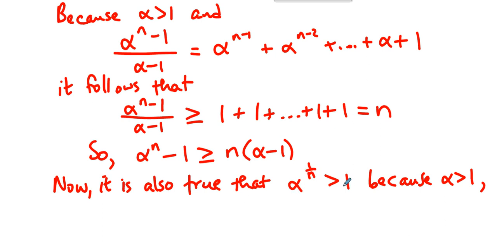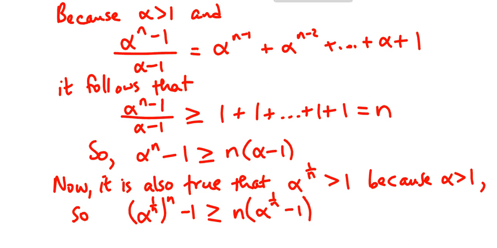So alpha to the 1 over n must be greater than 1. So if we replace alpha with alpha to the 1 over n, this must be true.